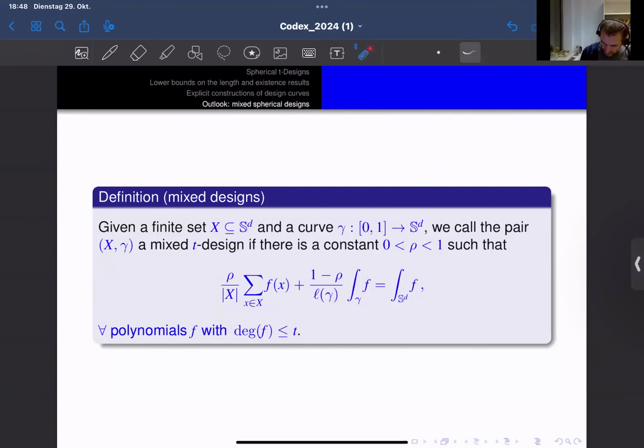So in some sense, you take some points as well as a curve. Why not combine both?